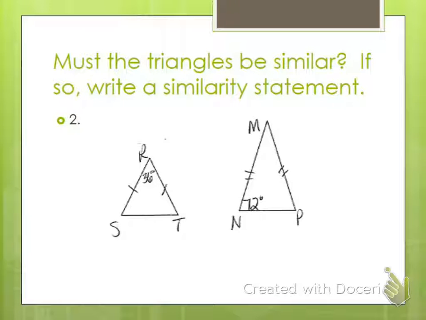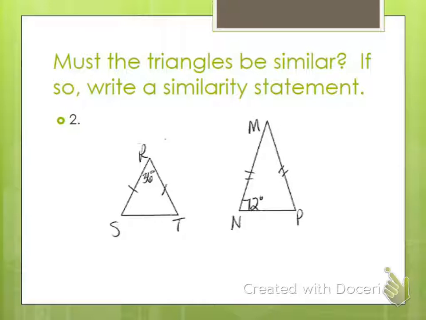They are isosceles triangles because they have two sides marked congruent. There's a property of isosceles triangles that we learned. So that these two sides are congruent, and also what else is congruent? The angles across from those sides are congruent to each other.